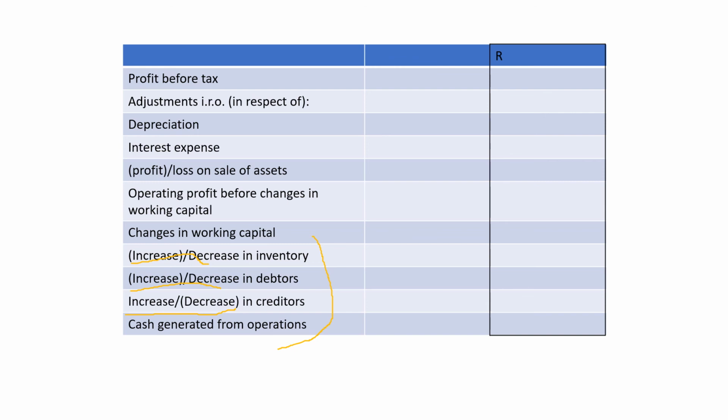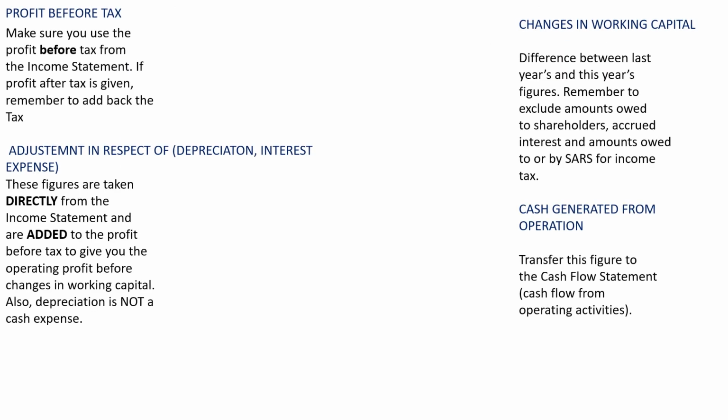So you take that value and you take that cash generated from operations and you transfer this figure to your cash flow statement next to the cash flow from operating activities, because that's what note 1 is about. Note 1 is about the cash flow from operating activities.